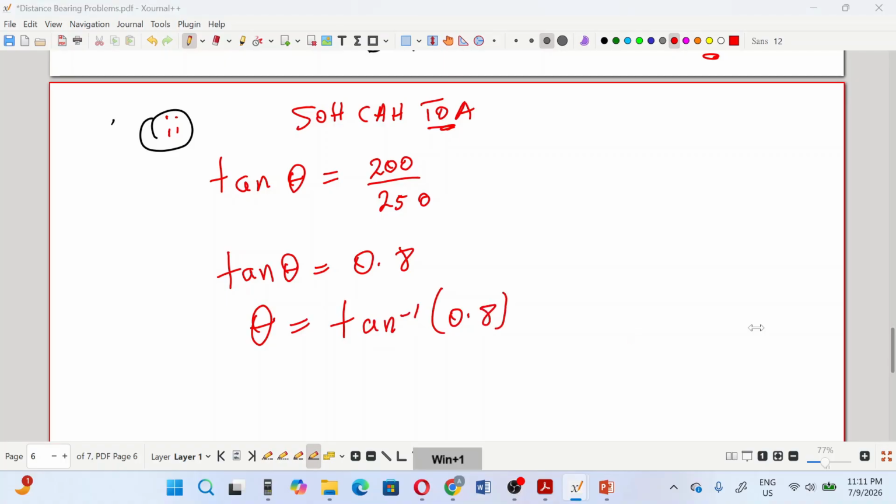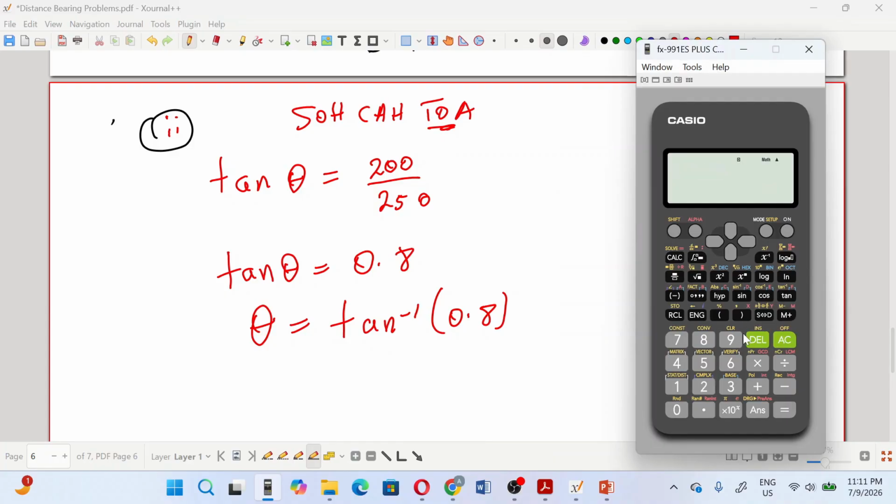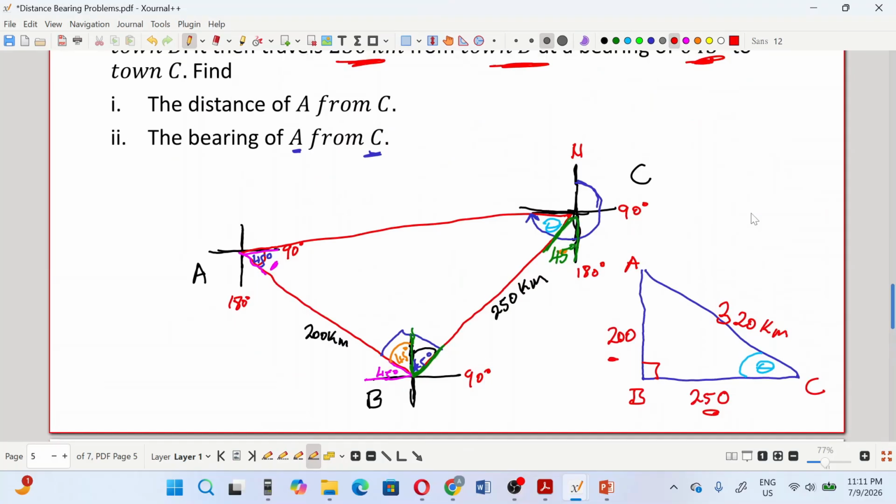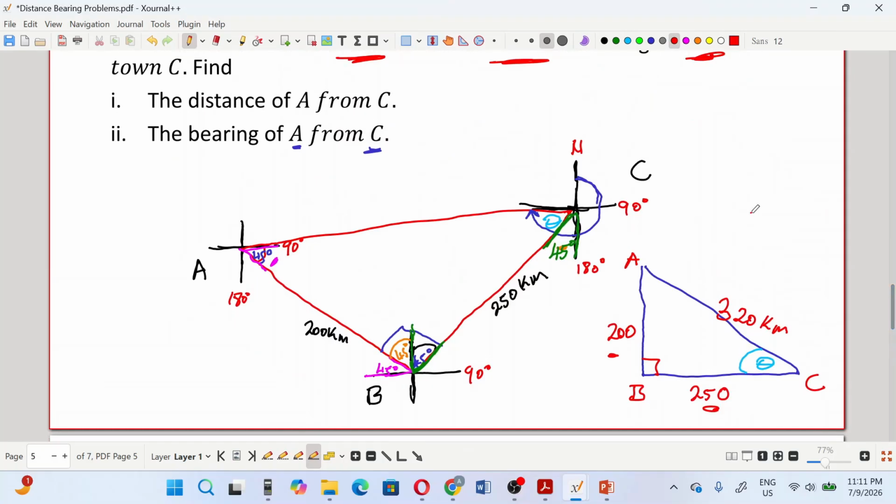On the calculator, if you want to get tan inverse, you press shift before you press the tan. So you see the tan inverse has come. Then you just press 0.8, close the parenthesis and hit enter. And it's 38.6, so approximately 39. So theta is equal to 39 degrees.